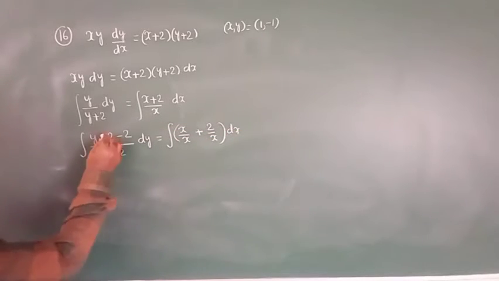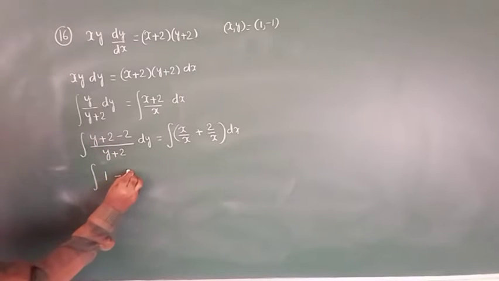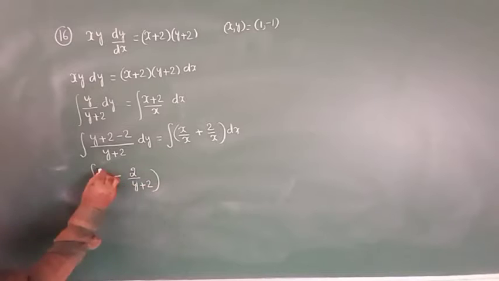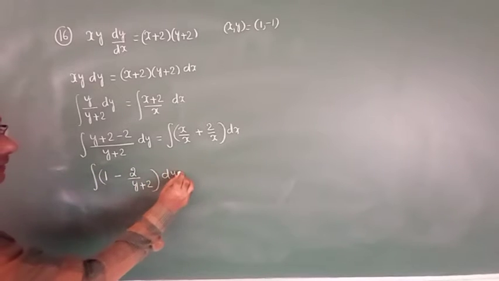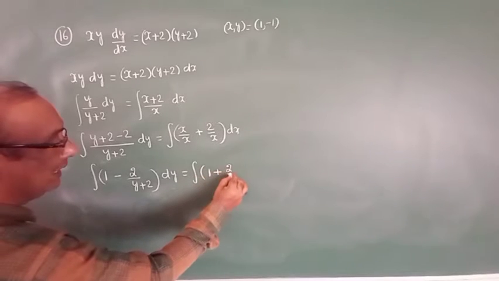Everyone, divide y plus 2 by y plus 2, that is 1 minus 2 by y plus 2 into dy. Here x cancels, 1, plus 2 by x.